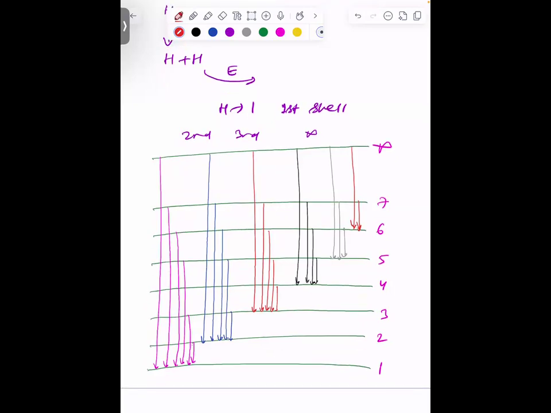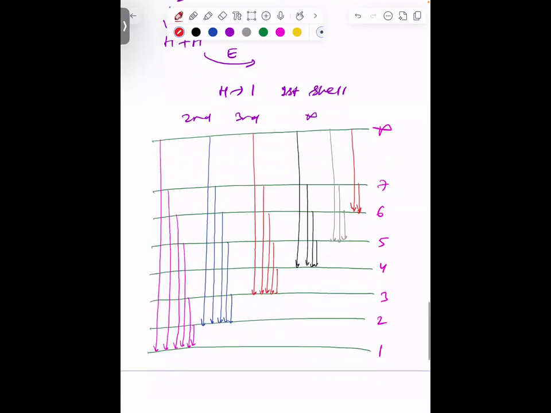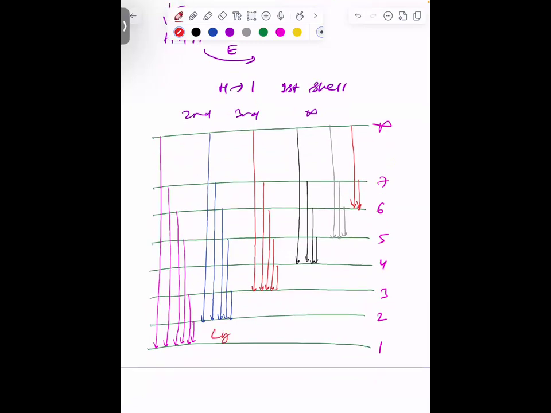Is there any specific name for the series? Yes, specific names are there. All the electrons jumping to cell number 1 make the series known as the Lyman series. Cell number 2 is the Balmer series.